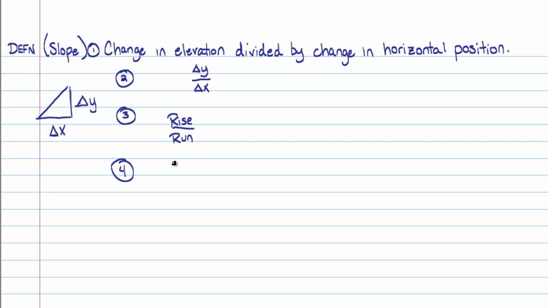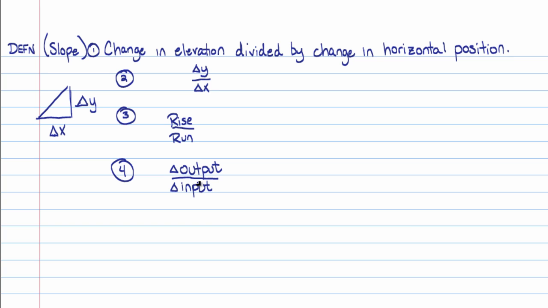Another one to chew on is my preference, which is change in output over a change in input. And the reason why I like this one is because later on in mathematics, this idea of output and input really defines a whole new structure within mathematics called a function.